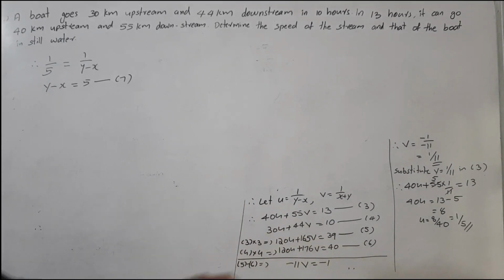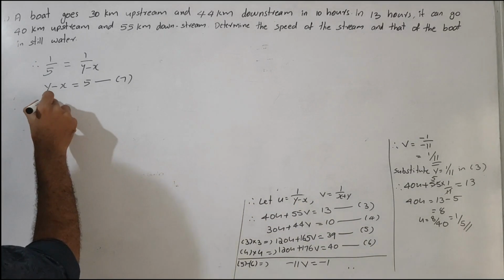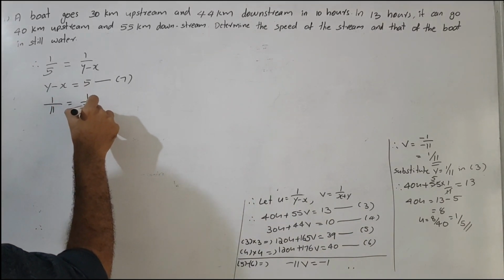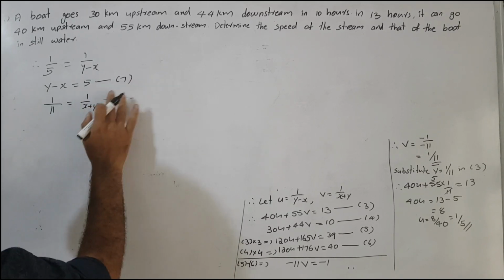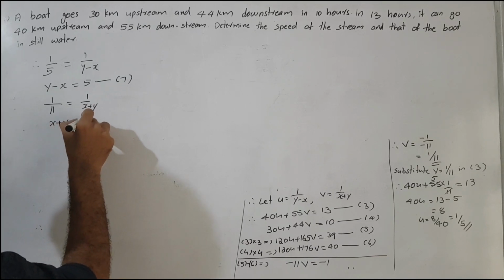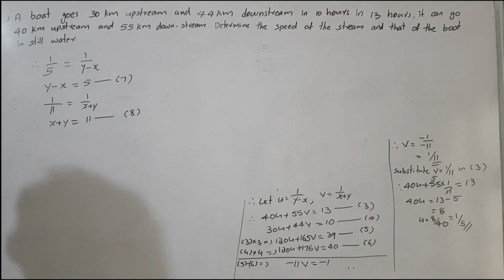Then v is equal to 1 by x plus y. Therefore, 1 by 11 is equal to 1 by x plus y. Then cross multiplication: x plus y is equal to 11, equation 8.